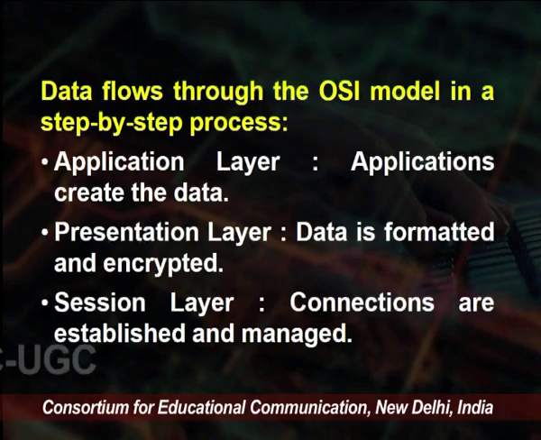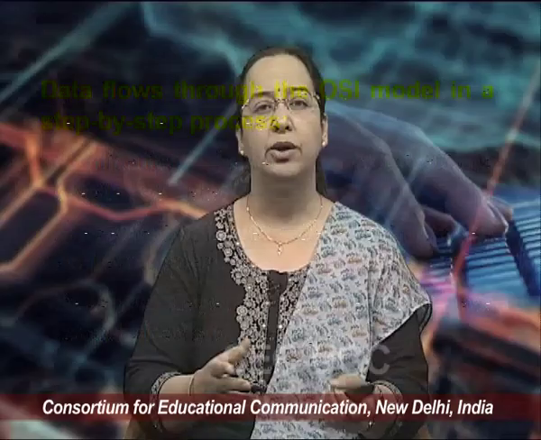That could be changing the format from ASCII to EBCDIC and so on, and also encryption of the data is a function of this presentation layer. Below that we have the session layer, which is there to manage and establish various communications.